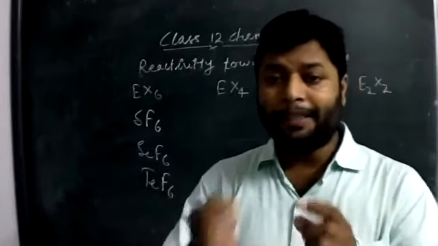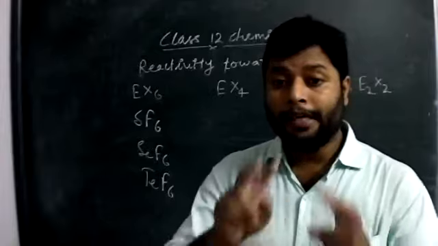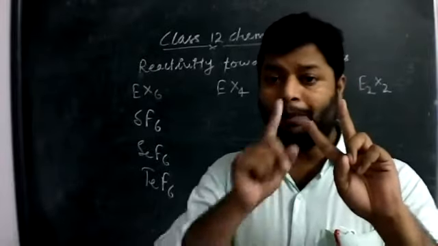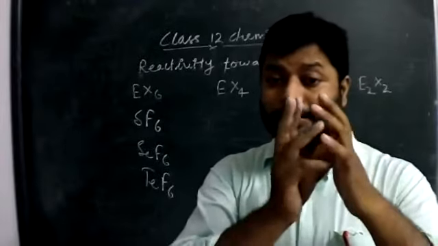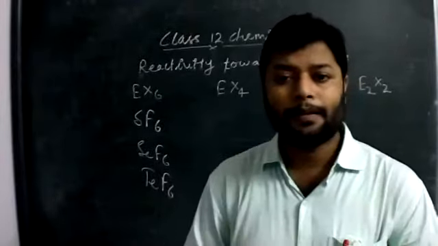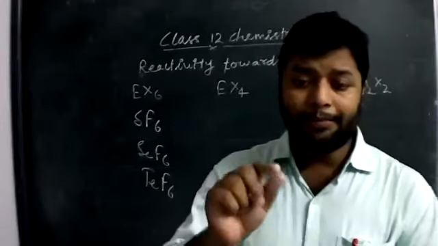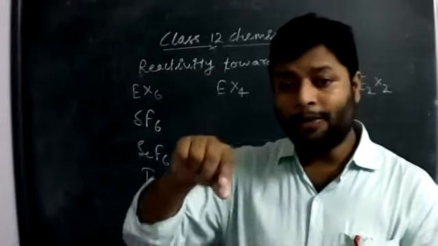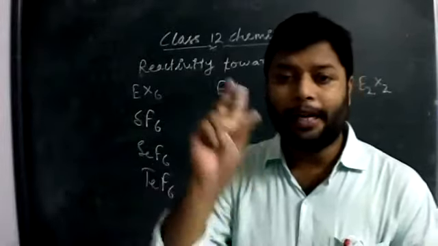So stability must be dealt with using two different concepts. The first is the size of the central element, and the second is the size of the element surrounding the central element.